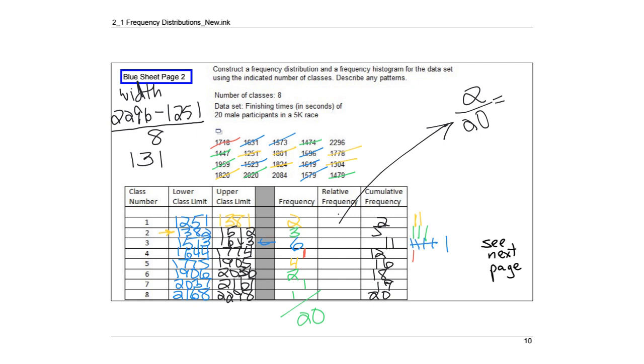That's going to give me 0.1. We'll do one more. For the second one, it would be 3 over 20, so that would give me 0.15. And then you would keep filling out that table.